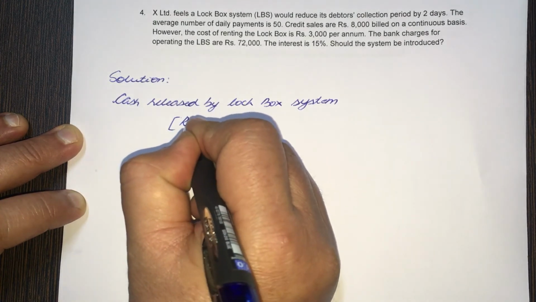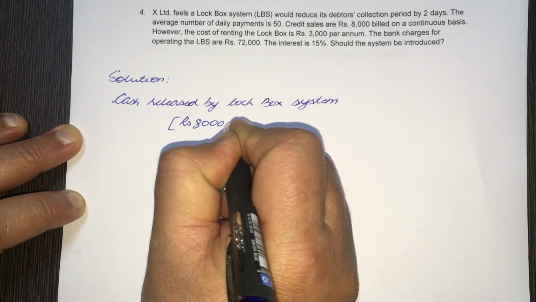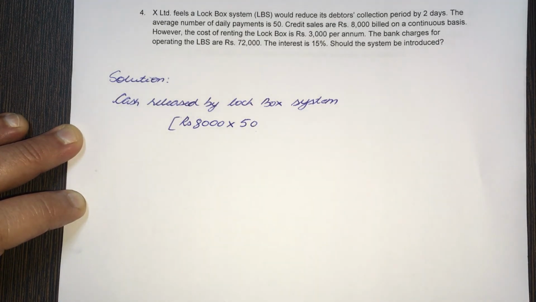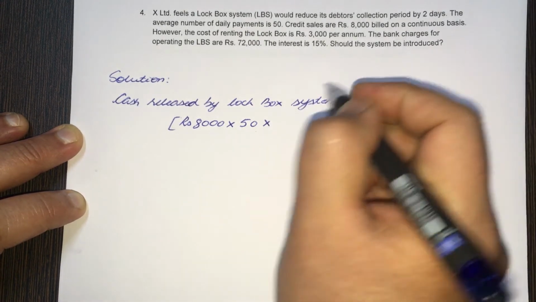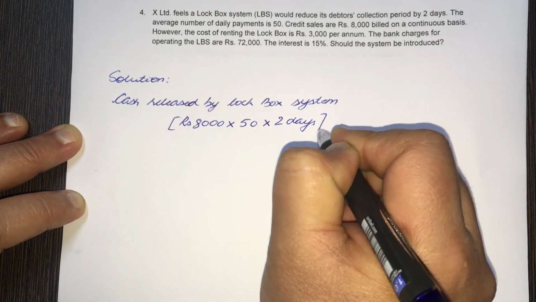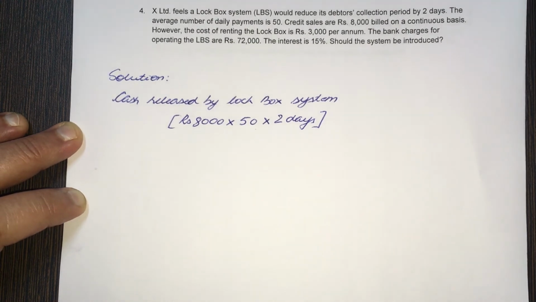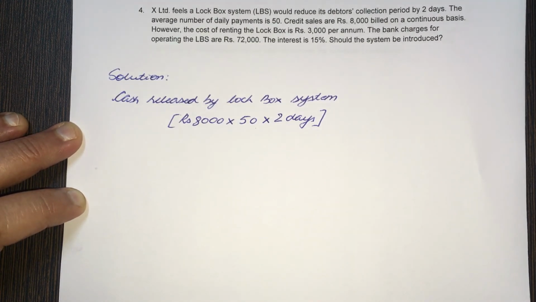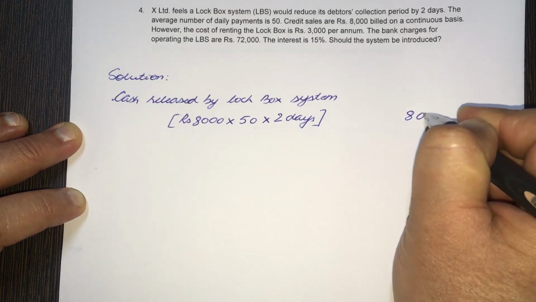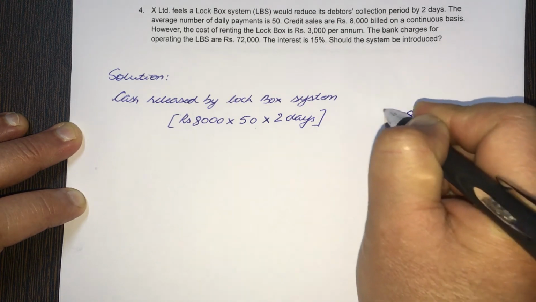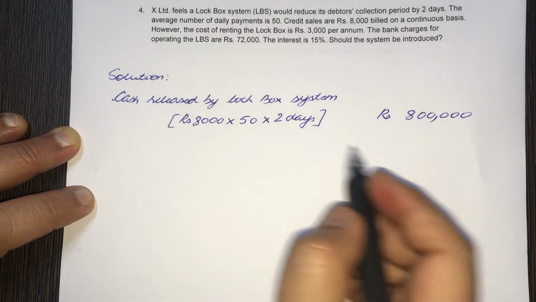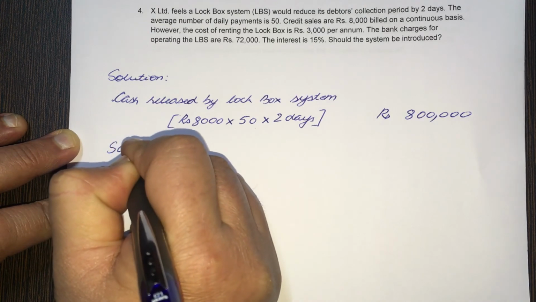So rupees 8,000 into the number of daily payments, 50, and into 2 days. By using this lockbox system, you're basically going to release cash in 2 days time. By how much? 8,000 into 50 into 2 is 8 lakhs rupees. All right, and so what is your savings here in 2 days time?